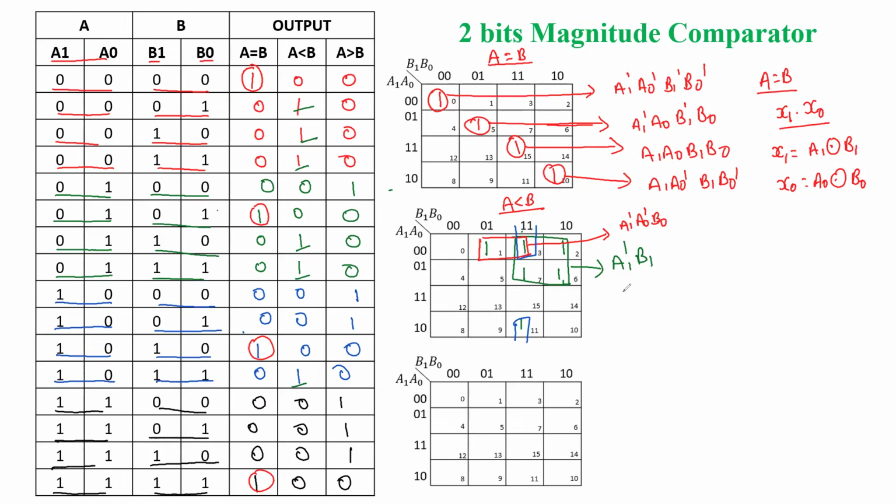So finally, we'll have row-wise common here. What is the row-wise common? For this, it is A0 dash. And column-wise, what do we have? B1, B0.